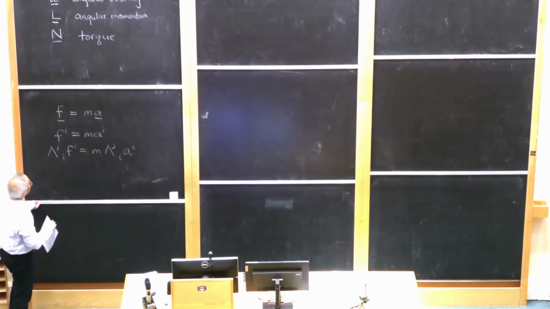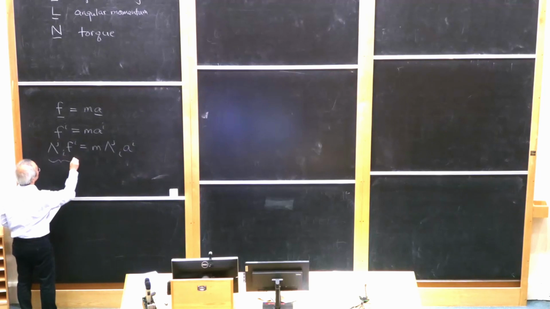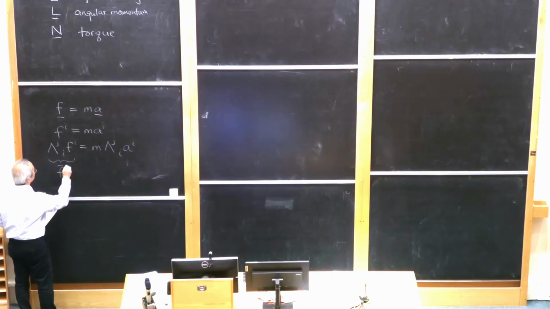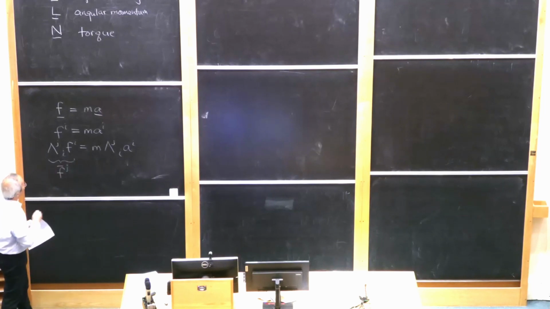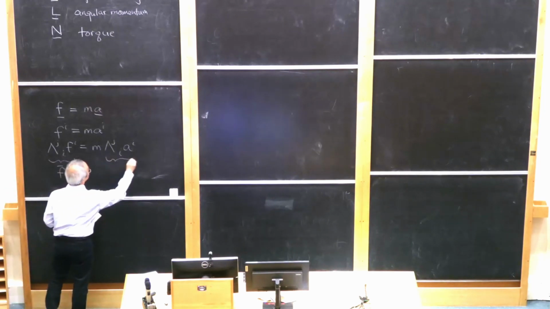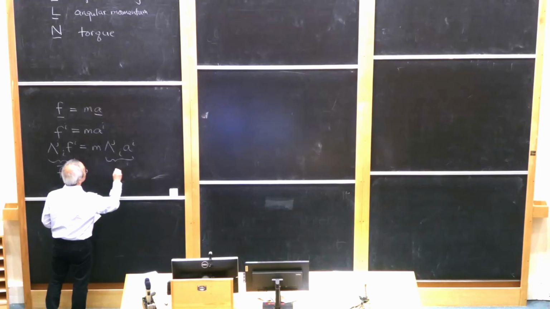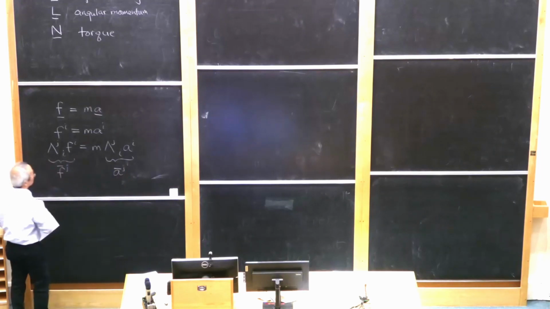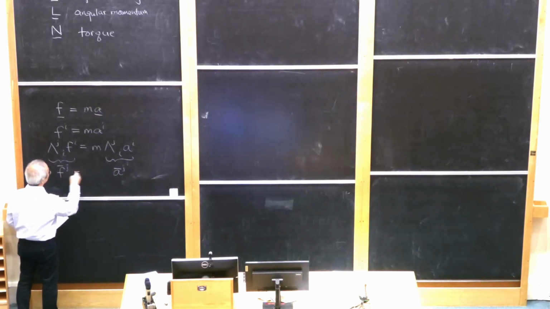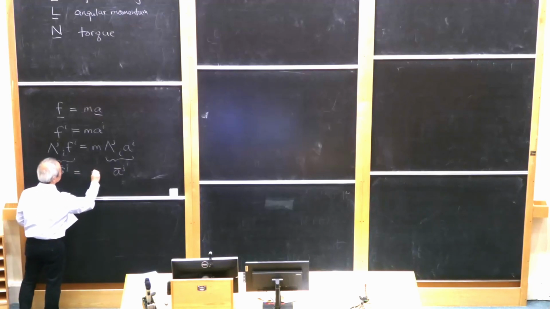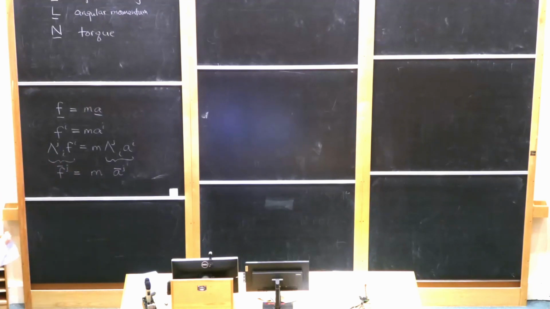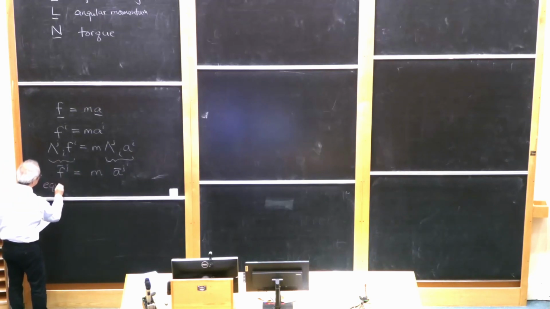We recognize that this is simply the transformed force, F bar j, and this is the transformed acceleration, a bar j. So we get F bar j equals m times a bar j.